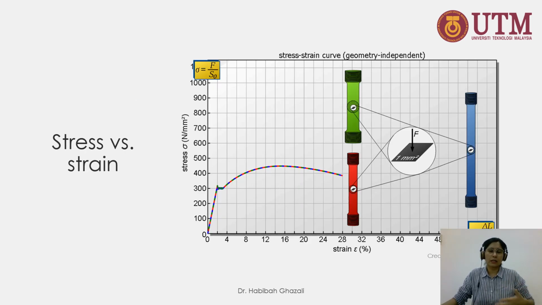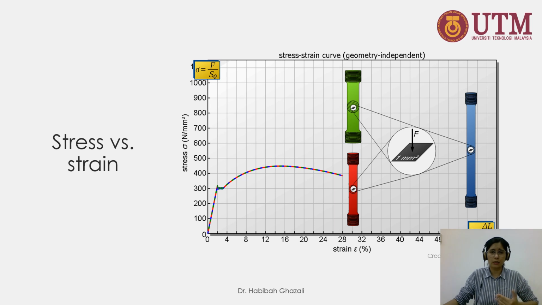So to eliminate the influence of the specimen's geometry, the force is related to the initial cross-sectional area and the elongation to the initial length. So we plot instead the stress and strain.